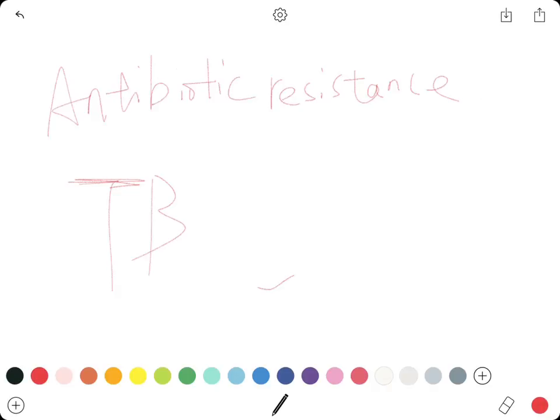If they are lucky, they don't get TB or other pathogens that are very difficult to treat, and they will survive for a long time, but if they are not lucky, they will die very soon.